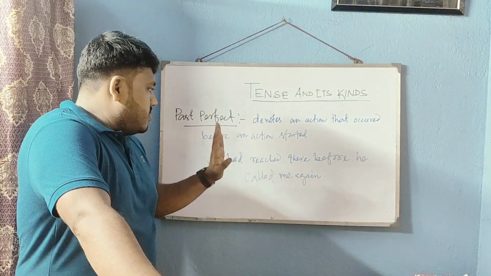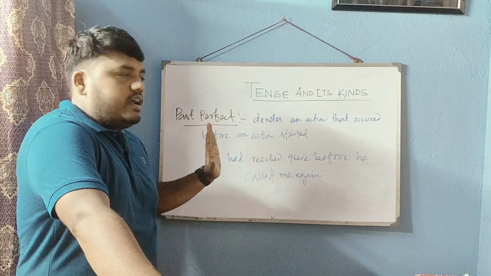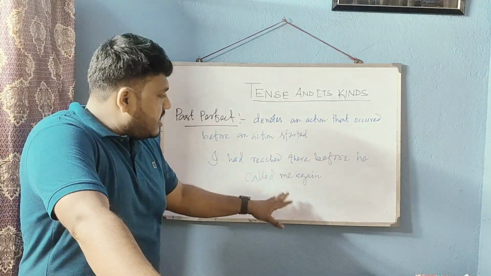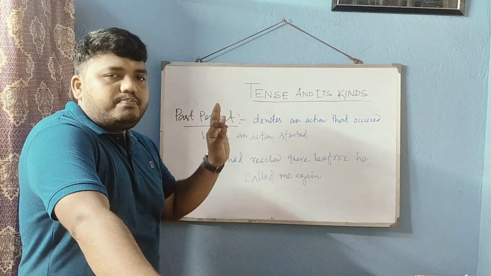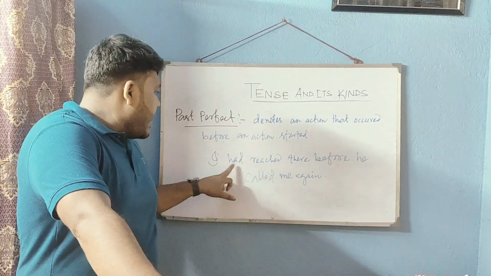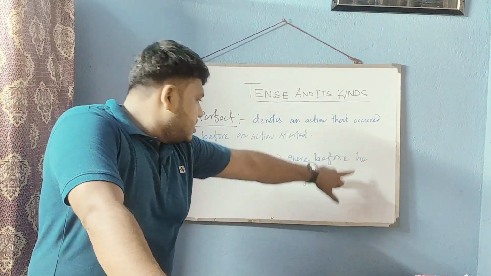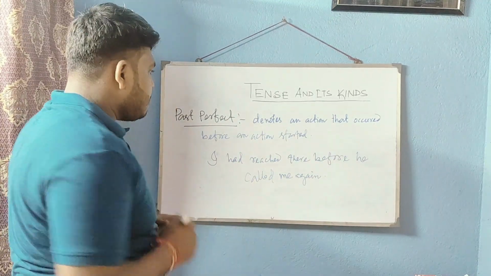So the action that happened before an action, you have to write in the past perfect tense and the other in the past simple. You have learned about past simple, subject, past form of the verb and object. So here I had reached there is the past perfect tense and he called me again is past simple tense.